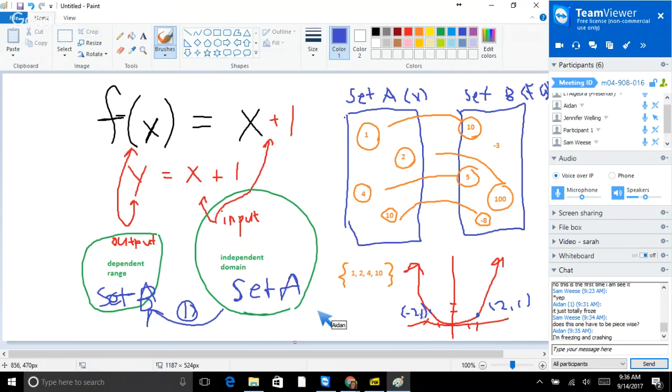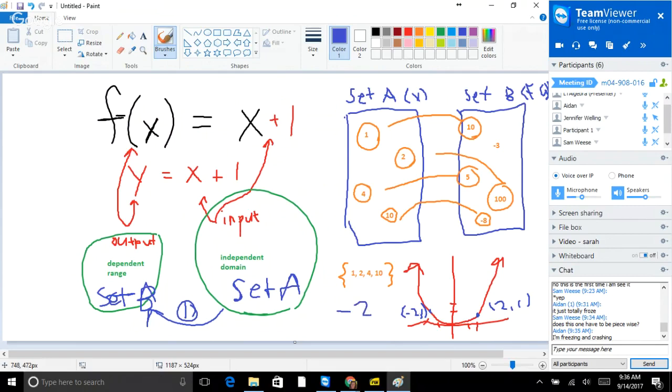So characteristic number 3 says 2 or more elements of A may be matched with the same element of B. So you could put in x equals positive 2, and you'll get f of x equals 1. And you can put in x equals negative 2, and you'll get f of x equals 1.